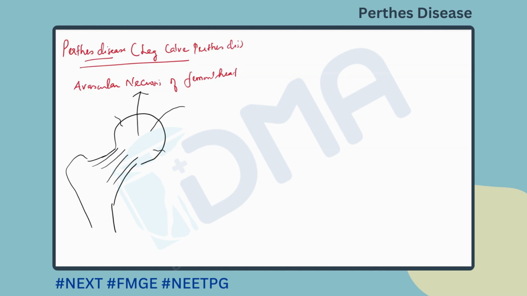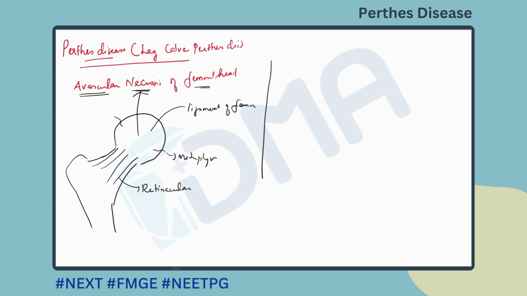These are retinacular vessels. These are metaphyseal vessels. And this is the artery of the ligament of the femur. So when the blood supply to the head is cut off, it results in avascular necrosis of the femoral head.